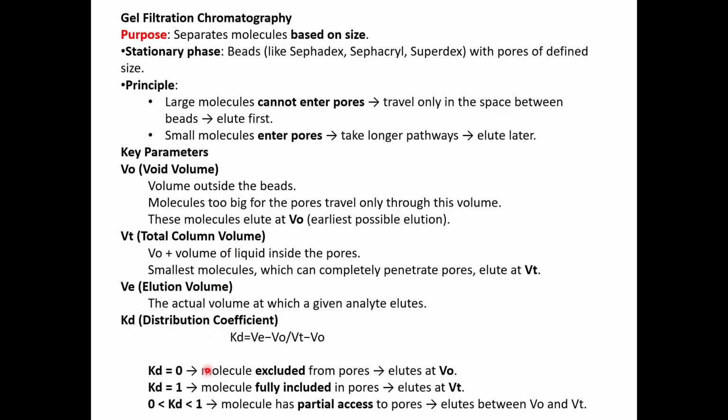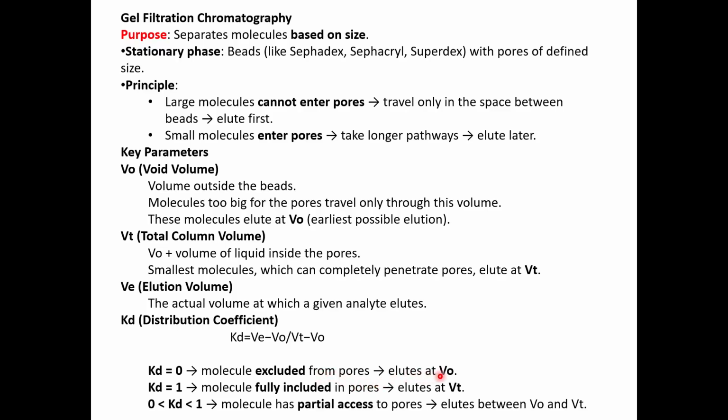Now your KD can vary between 0 and 1, depending upon its partitioning into the pores. If your KD is 0, the molecule is excluded from the pore. Your molecule is not entering the pore, so there is no partitioning inside the pore; it's completely outside.